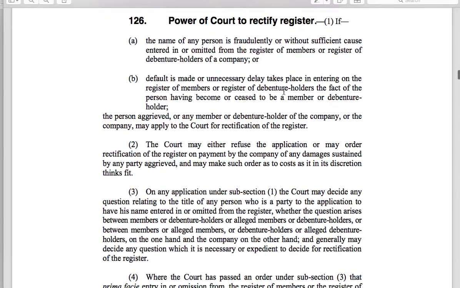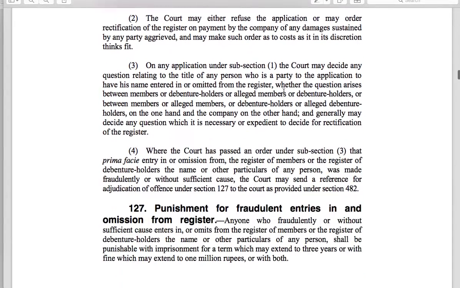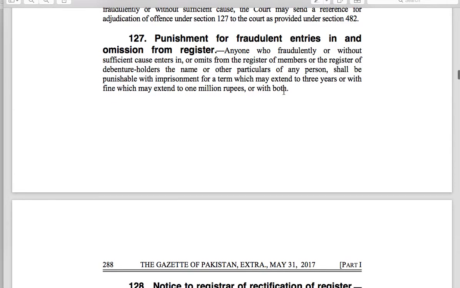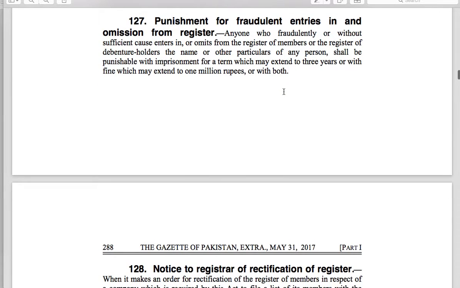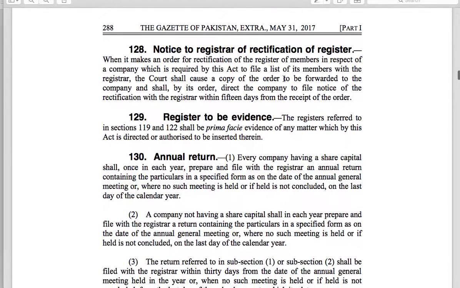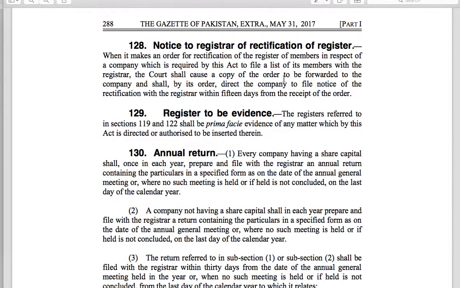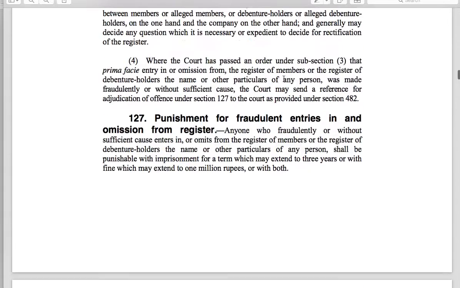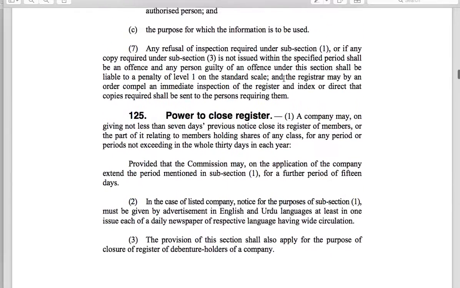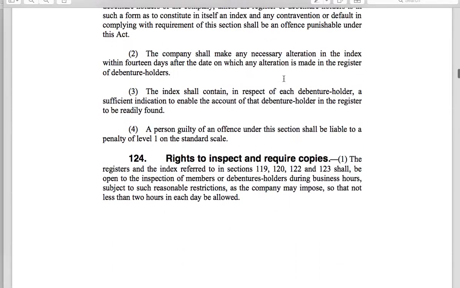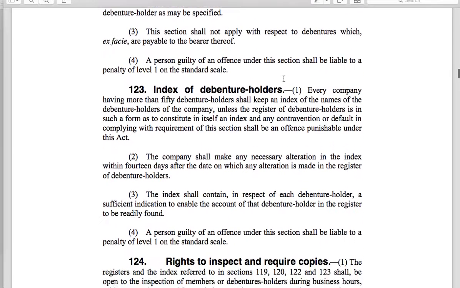Then the court has the power to rectify the register if there is any mistake. Then punishment for fraud: if the company director or CFO commits fraud and fraudulently enters any person's name, it can be a problem. There is section 123, and now 123A has been added.